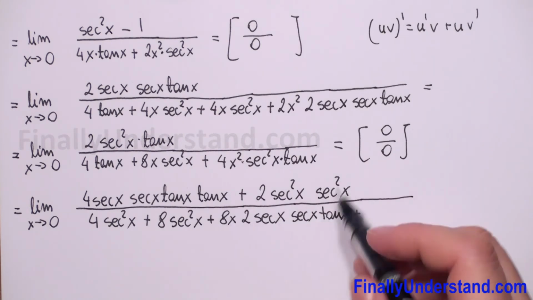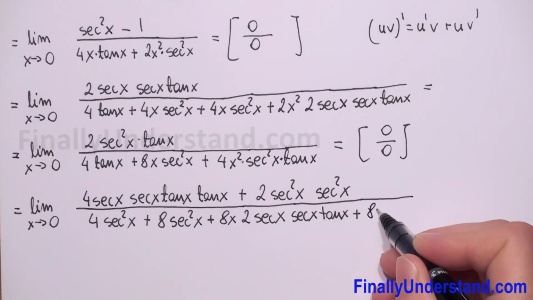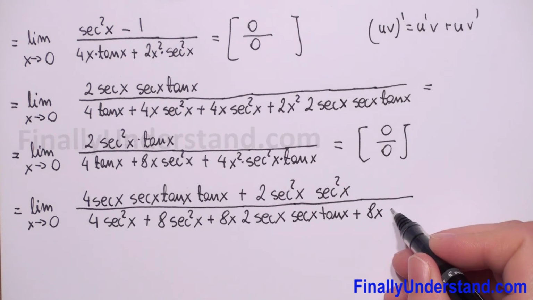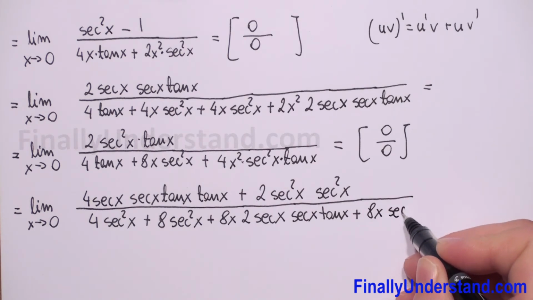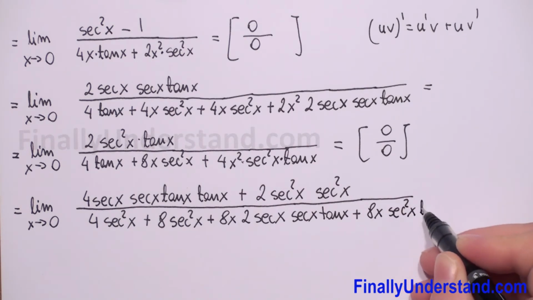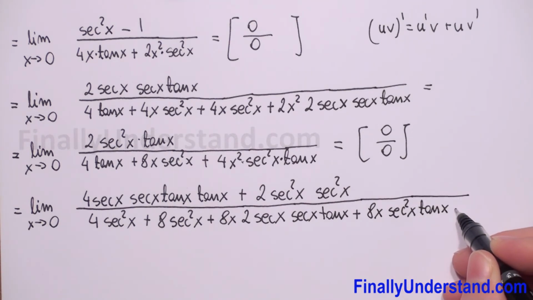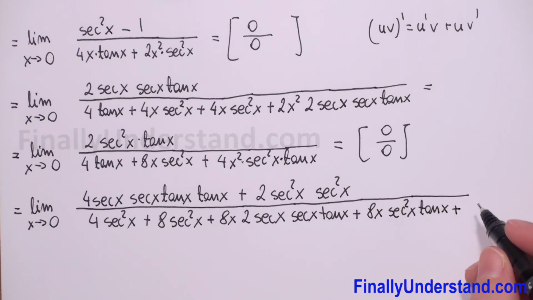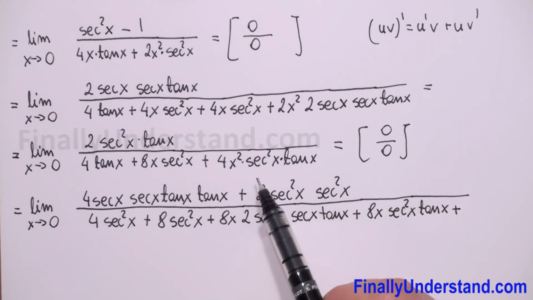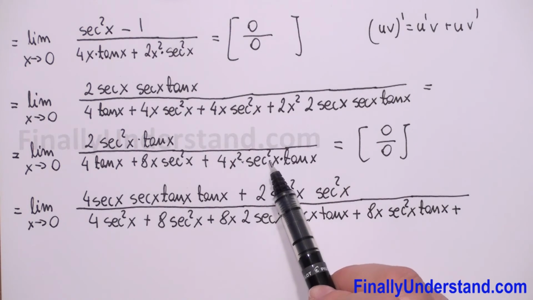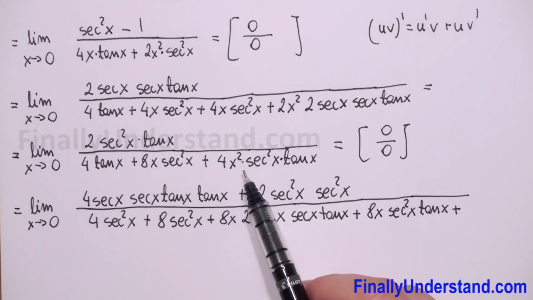So derivative of 4x squared is 8x times secant square of x tangent of x plus, and we will have now to find derivative of secant square of x.